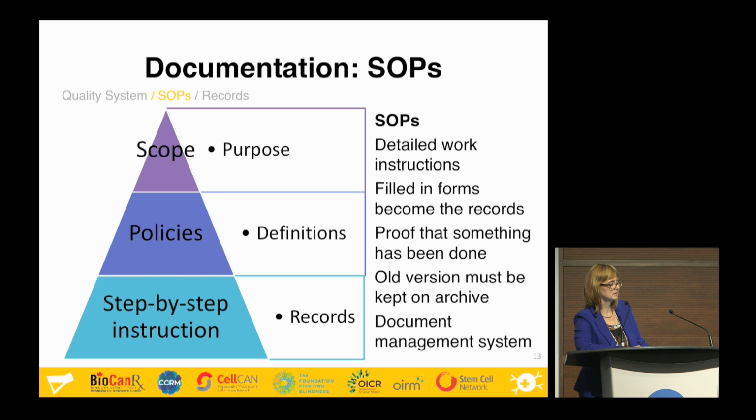All these documents are submitted to a document management system, which means that you need to have a system that tells you if an SOP has been updated, which one is the current version, which one is in effect, when were the older versions in effect. So if you have questions, you know, okay, in 2016 it was version 1, now we're at version 2. So all this must be known and documented.